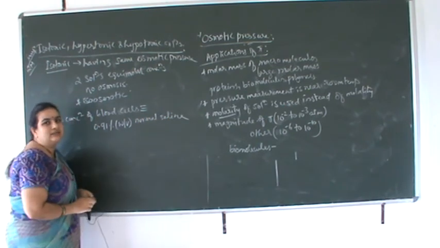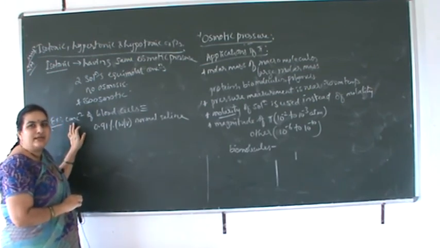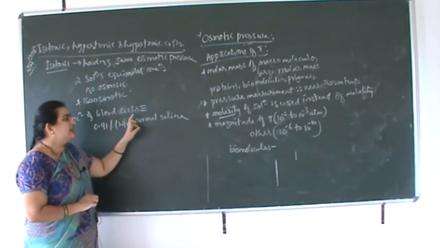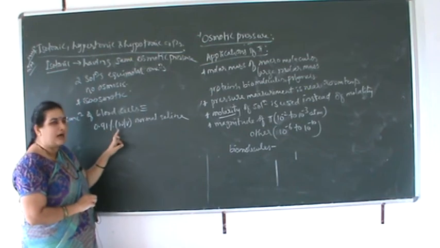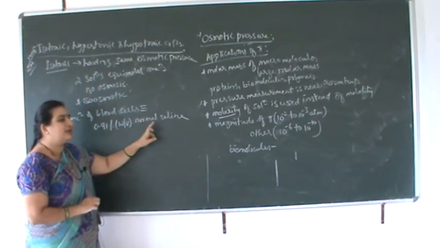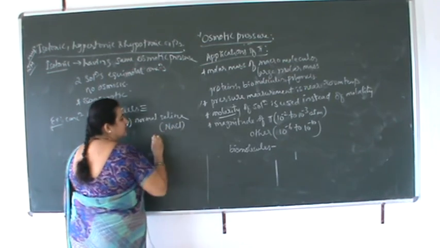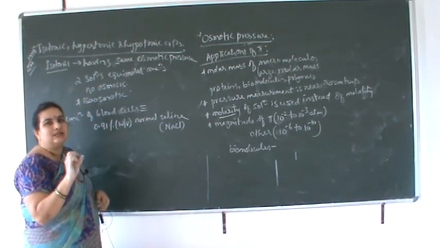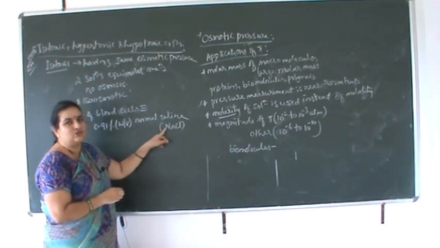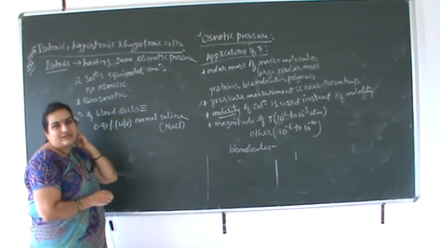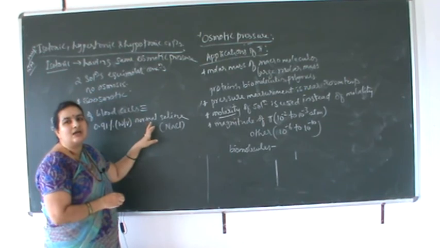So the concentration of fluid inside the blood cells is nearly equivalent to 0.91 percentage mass by volume. Normal saline means NaCl solution. So the blood cell is isoosmotic with the saline solution. So it is safe to inject the normal saline solution intravenously.